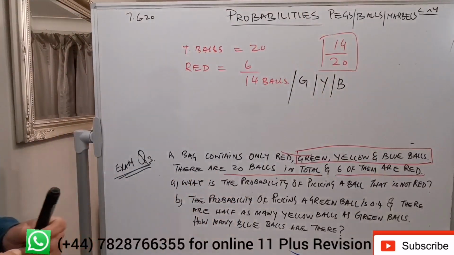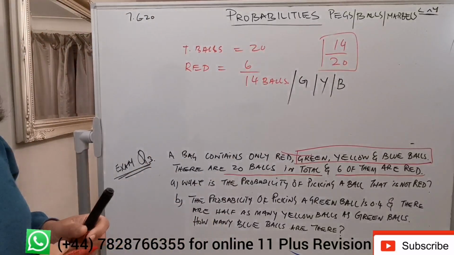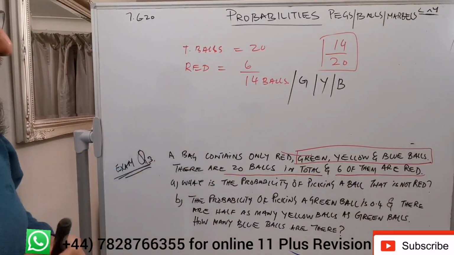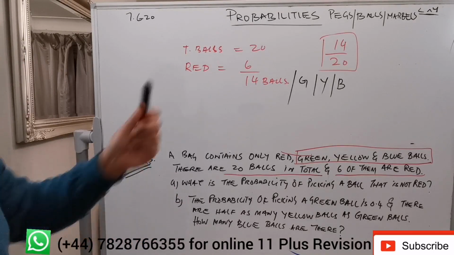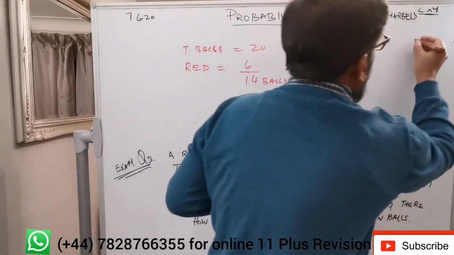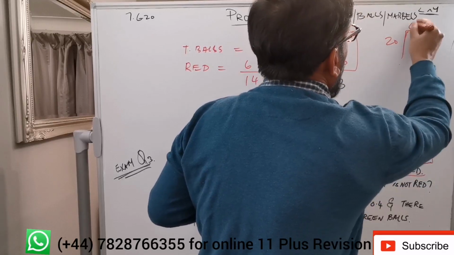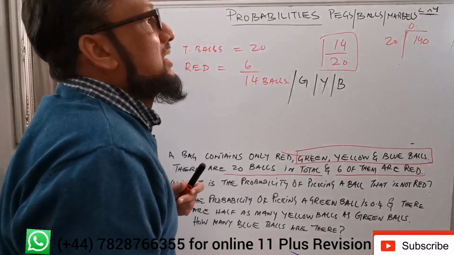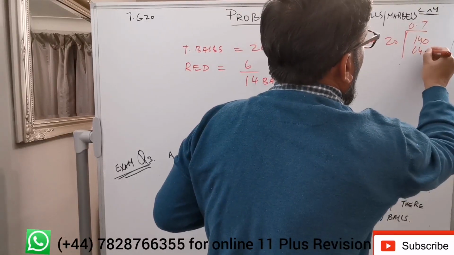And what are they asking about? The answer has to be in decimal this time. So very simple, okay? We need to work out how. So 14 over 20, put the decimal, it is 40, and 2 times 7 is 14.